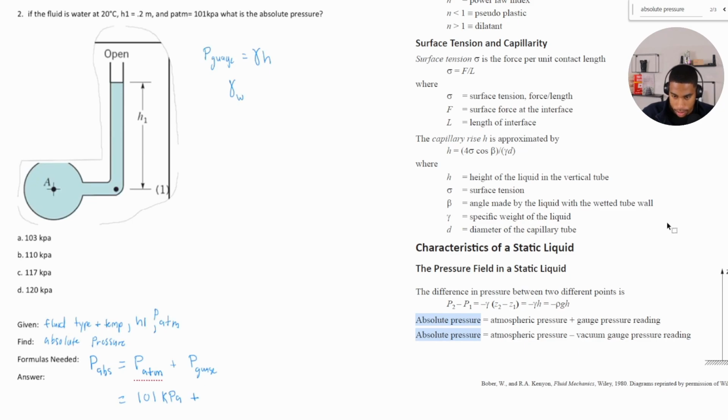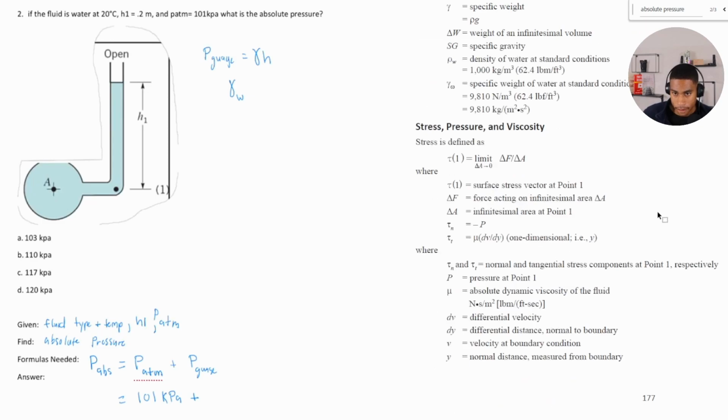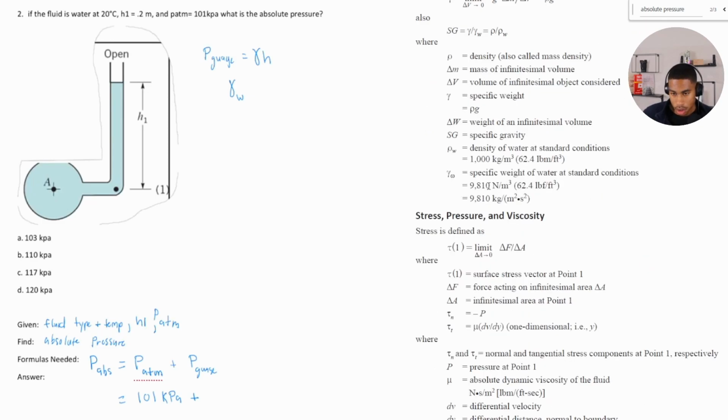Well, typically it would be 9,810 newtons per meter cubed. But key thing here is that it changes based off of the temperature that we have. So in this particular case, we need to find the unit weight of water at 20 degrees Celsius.